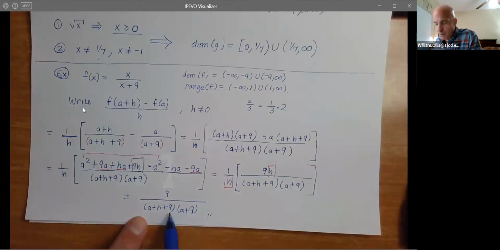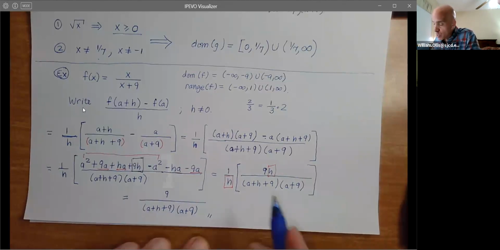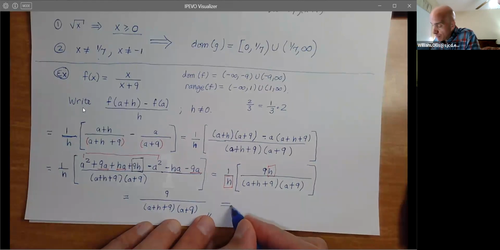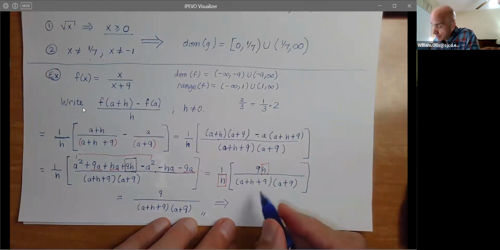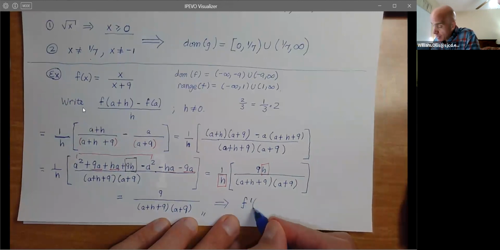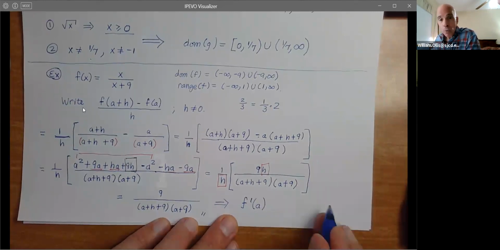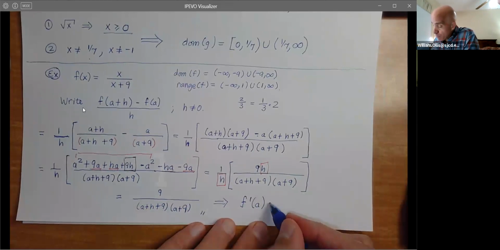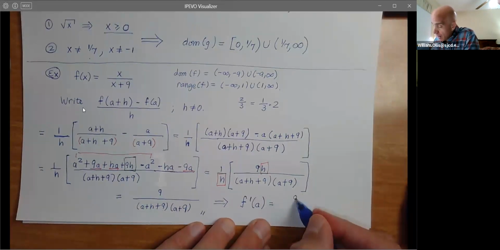And then what's left here? You just get an a plus 9 times an a plus 9. So this will later imply in a calculus class, we'll use the notation of f prime of a. This is what you're going to do when you take my Cal 1 class. This will be f prime of a is 9.